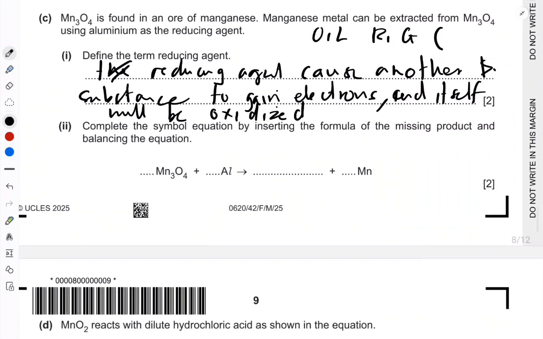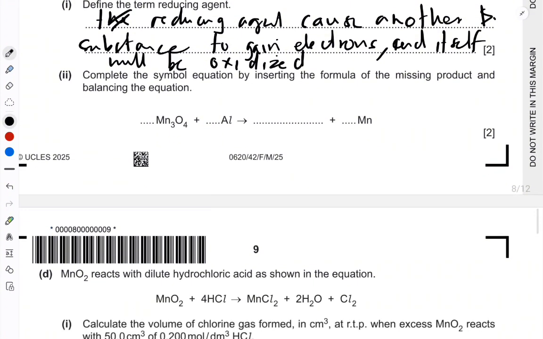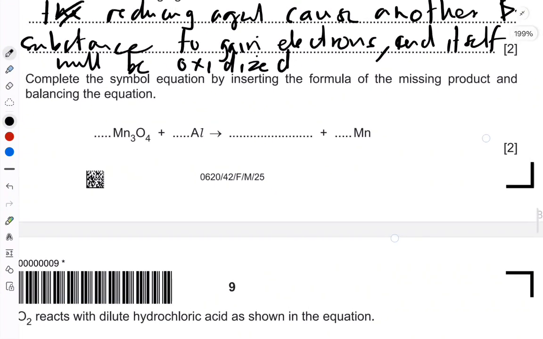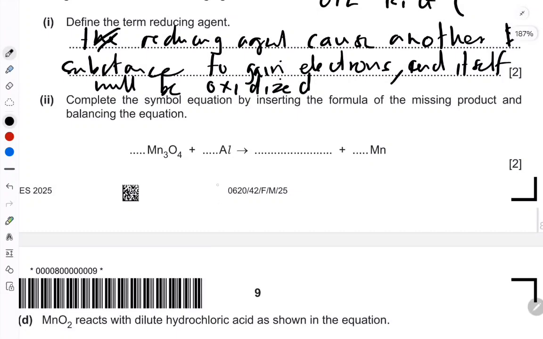Now, complete the symbol equation by inserting the formula for the missing substance. Okay, now what you always do, class, with this kind of thing, work with elements all on their own last. So of course you're going to get aluminium oxide, right? That is your product. Okay, now you balance. Let's work with oxygen first. What is the common factor of 4 and 3? That will be 12. So I have to put 3 times 4, 12.